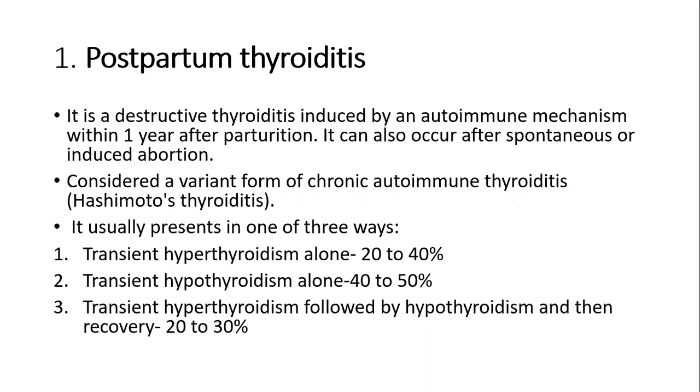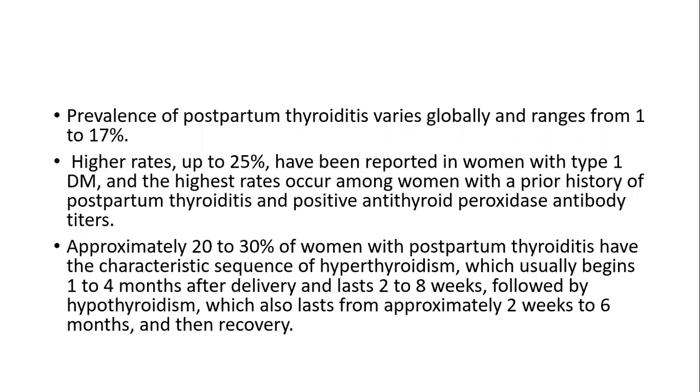It is usually a destructive thyroiditis induced by an autoimmune mechanism within a year past parturition, but it can also occur after spontaneous or induced abortion. It is usually considered a variant of Hashimoto's thyroiditis, and presents in one of the following ways: transient hyperthyroidism alone in around 20 to 40% of cases, transient hypothyroidism alone in around 40 to 50%, and then transient hyperthyroidism followed by hypothyroidism, and then recovery in around 20 to 30% of cases. So the prevalence usually varies globally and ranges from 1 to 17%.